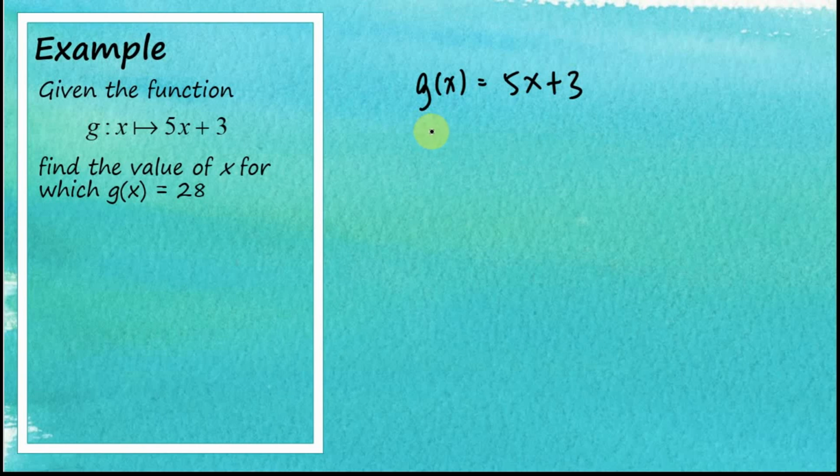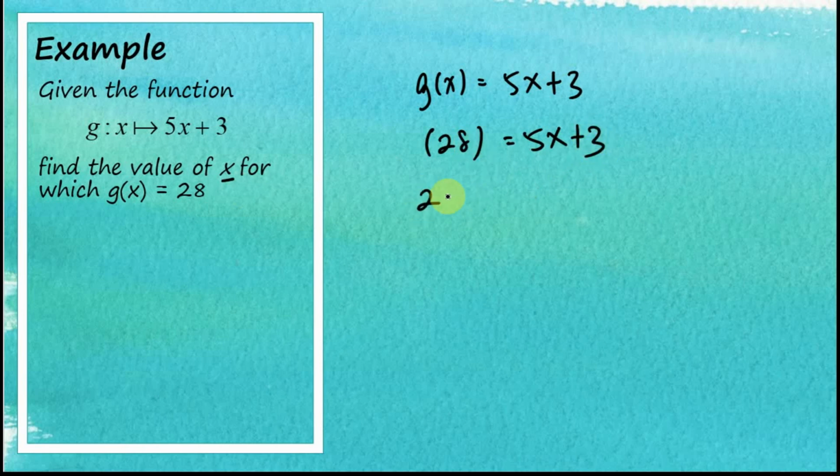Normally when I substitute something, I like to put the brackets. In this case, if you don't put the brackets, it's okay, but normally I like to put them. So g(x) equal to 28. We substitute g(x) with 28, and this is equal to 5x plus 3. We are asked to find the value of x. To do that, we need to shift this 3 to the left hand side.